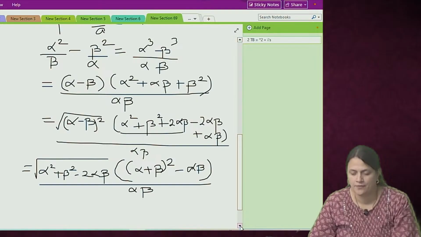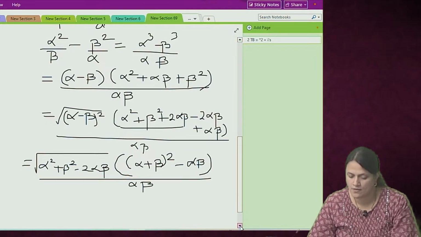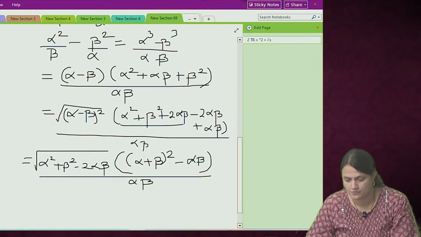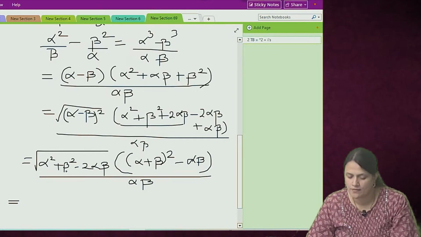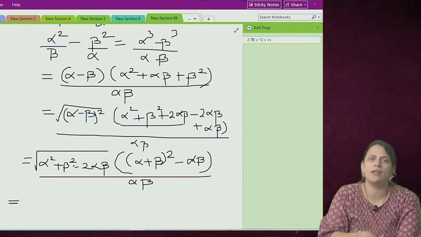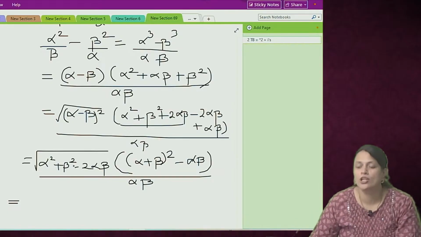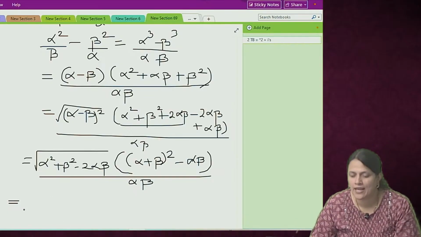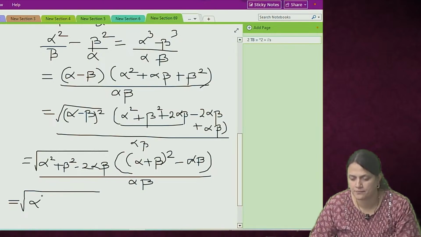Now next step. After this step, what am I going to do? I'm going to do the same thing. Add and subtract 2 alpha beta.